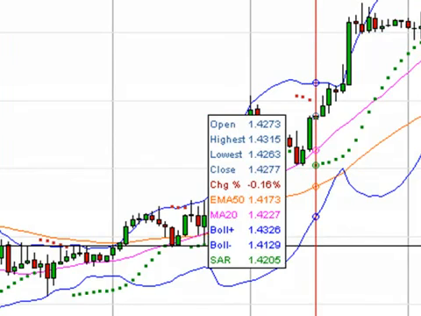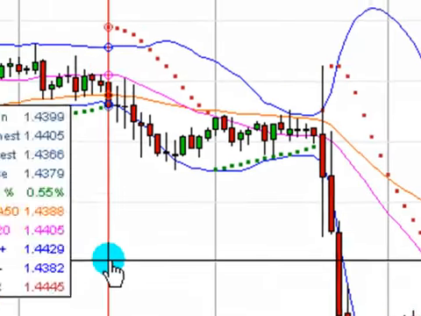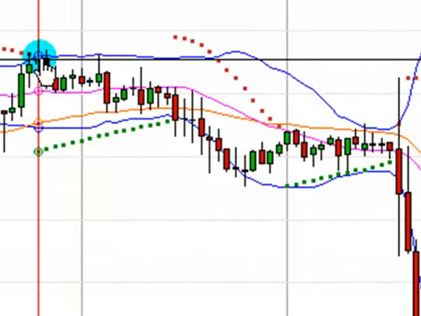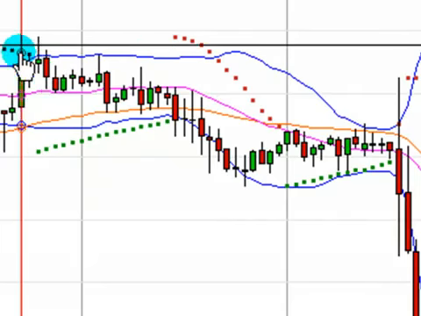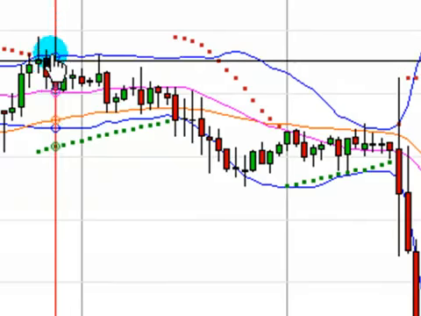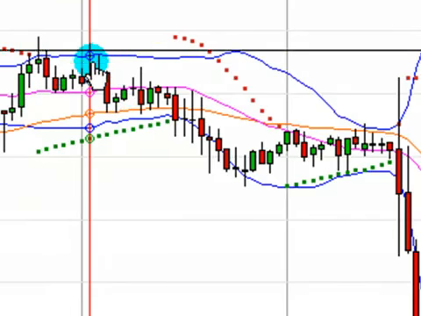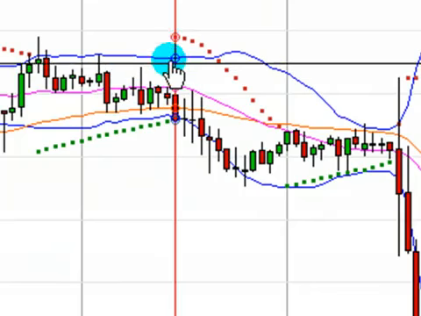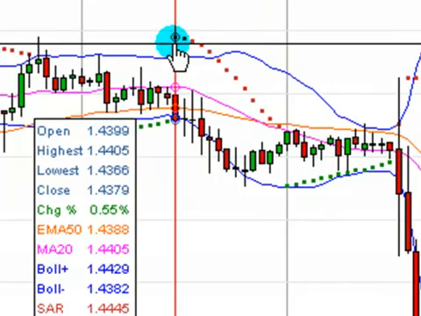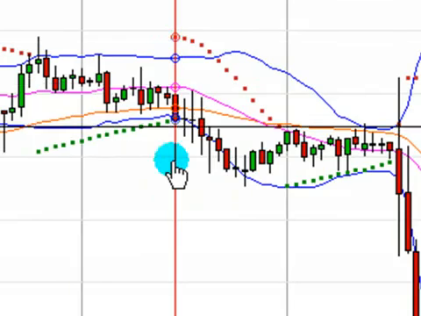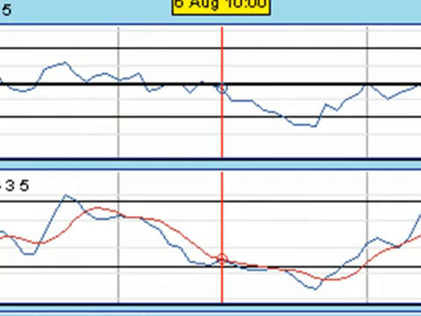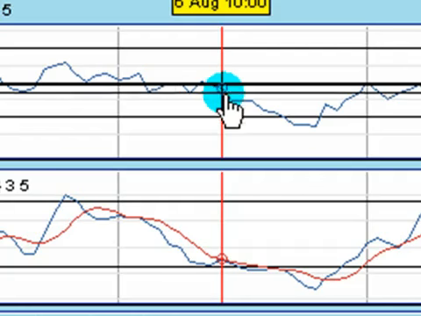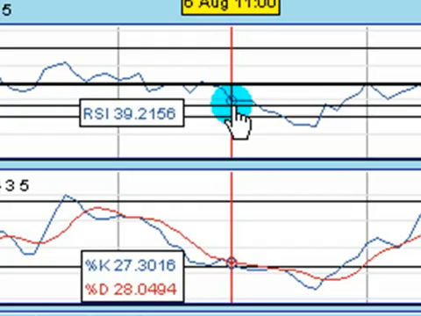Let's look for another one, and here we go. We've had a couple of spikes there indicating an overbought situation. Same here, and this is our first SAR indicator. That's the first stop and reverse indicator, and if you go down into the RSI area, we find that, there we go, that is now in the bearish territory.